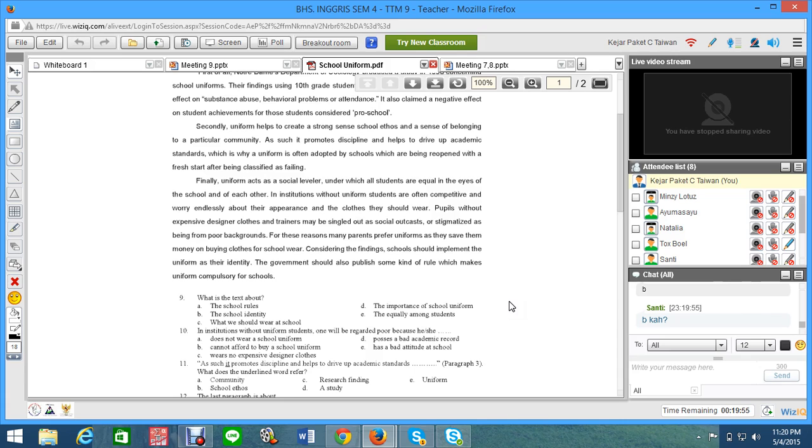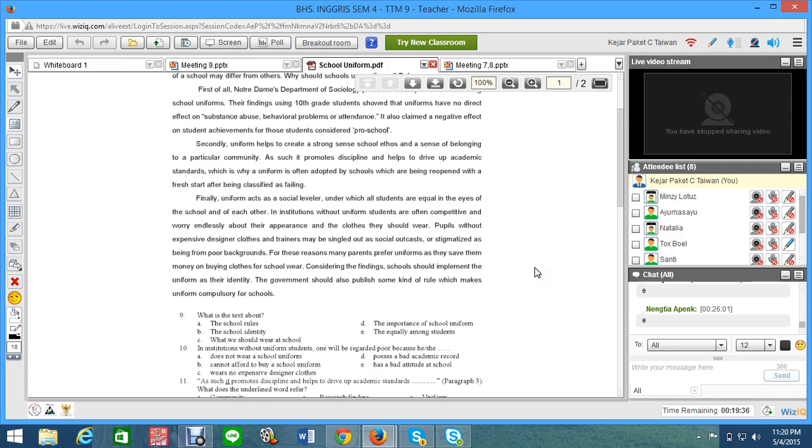Coba dibaca. Dalam institusi tanpa, yang mana itu?